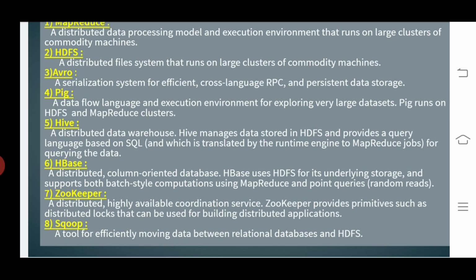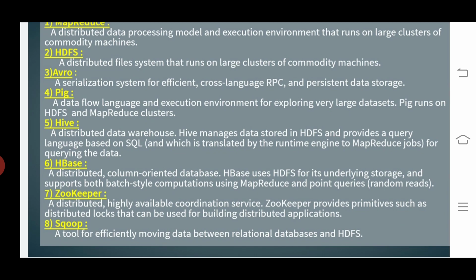Now coming to the data access network, that is nothing but Pig. Pig is one of the data access concepts. What exactly is it? A data flow language and execution environment for exploring very large data sets. Pig runs on Hadoop file systems and MapReduce clusters.